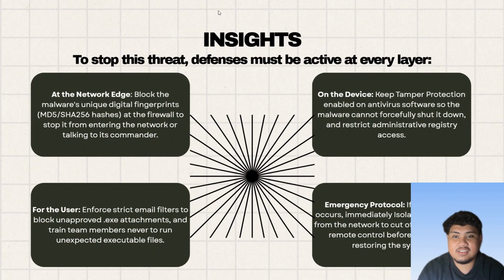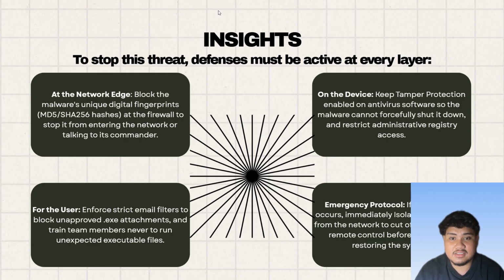Insight for this malware: to stop this threat, defense must be active at every layer. For the first one, at the network edge, block the malware's unique digital fingerprints, MD5 and SHA-256 hash, at the firewall to stop it from entering the network or talking to its commander.